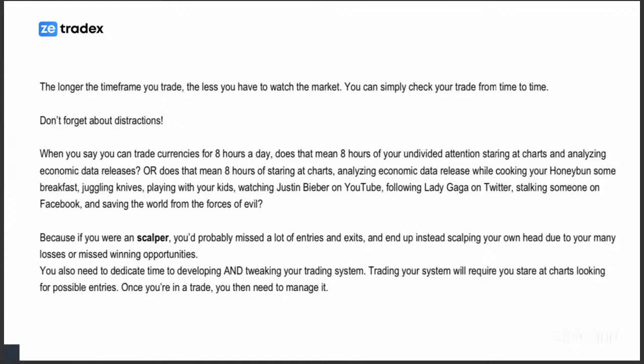Or does that mean 8 hours of staring at charts while cooking breakfast, juggling knives, playing with kids, watching Justin Bieber on YouTube, following Lady Gaga everywhere? Because if you are a scalper, you would probably miss a lot of entries and exits, and end up scalping your own head due to your many losses on missed winning opportunities.